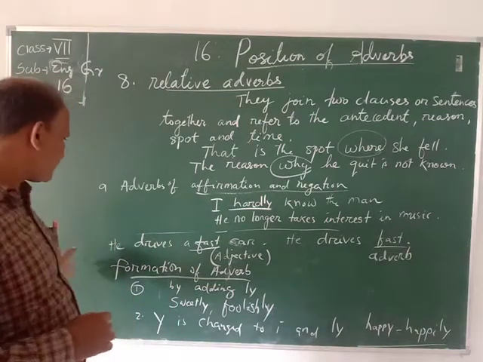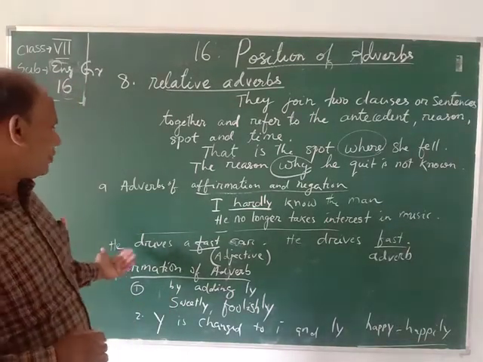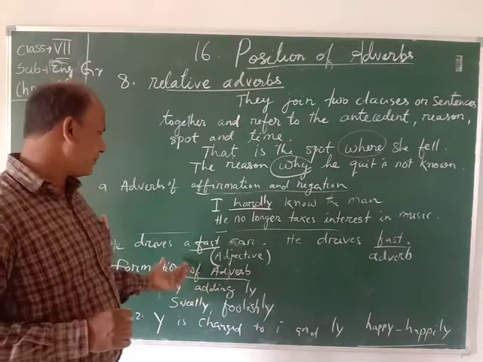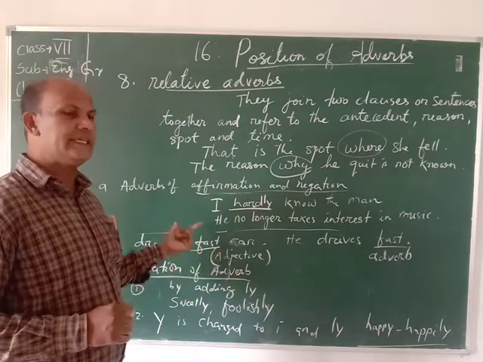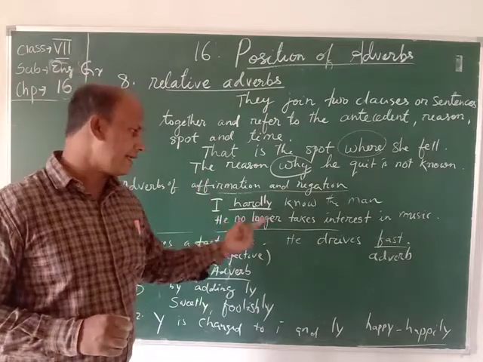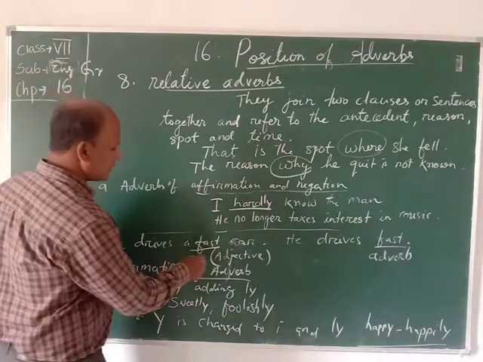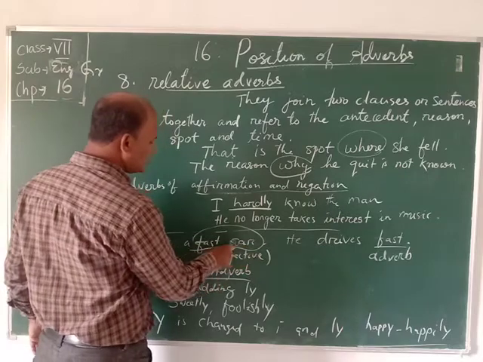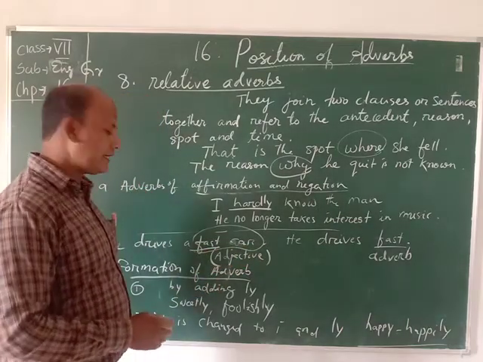Now let's see how to identify adverb and adjective. The same word fast is used as an adjective, also used as an adverb. It is a fast car. फास्ट कार, बहुत स्पीड वाला कार को वो चलाता है.